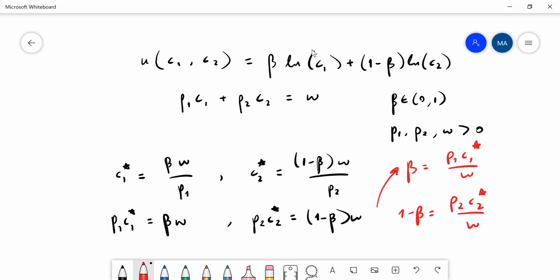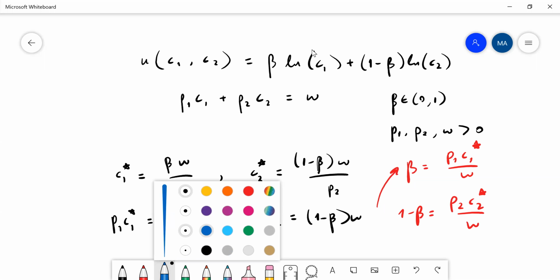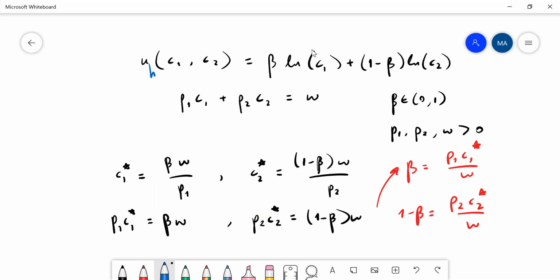Now, if you think about this in a large economy, there would be many different people in this economy. They all consume the first good and the second good, and they all have their incomes. If their utility function is the same, if beta is the same for everybody, then you can typically aggregate these consumption expenditures.